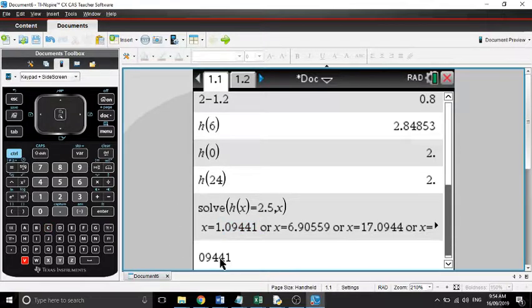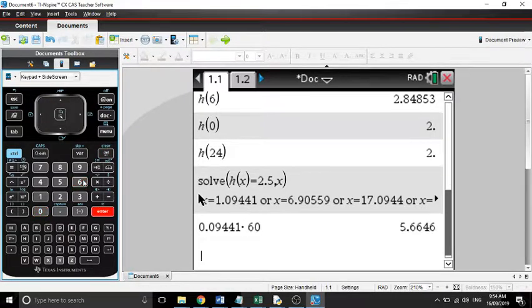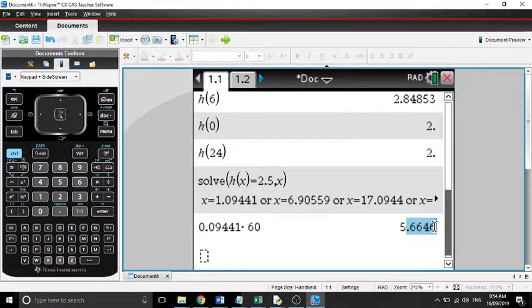It's 0 point that, and I'm going to multiply that by 60, because this will convert it to how many minutes after 1 a.m. So it happens after 5 minutes. Now I'm going to take this remaining part and multiply that by 60 as well to turn it into seconds.